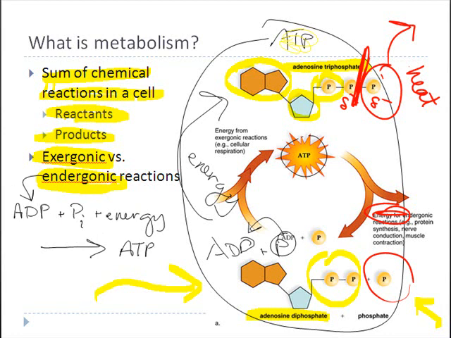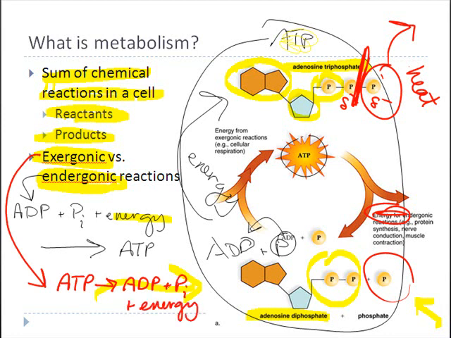Notice that the energy is on the left side of the equation, to the left of the arrow. By comparison, let's do what the exergonic reaction would look like. Exergonic would be ATP yields ADP plus Pi plus energy. Notice in this case that the energy is on the right side of the arrow. That's an exergonic reaction.